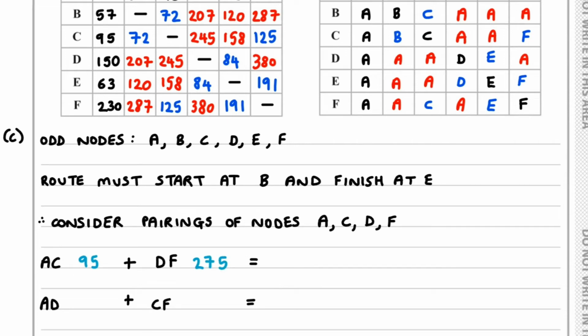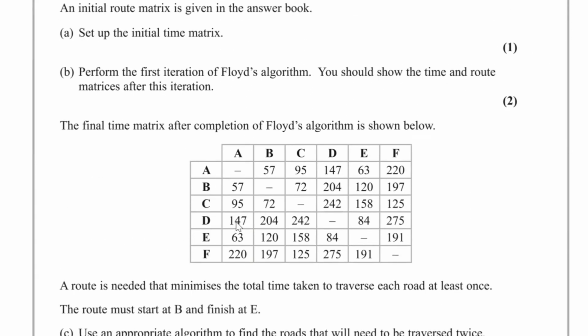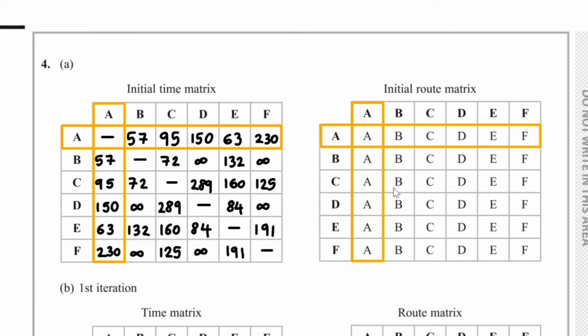Now, we also have AD, the shortest length of that is 147.